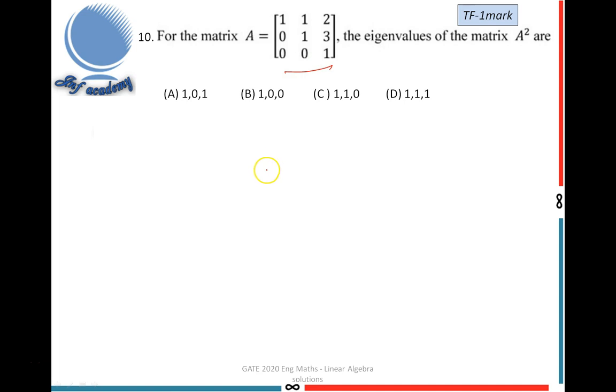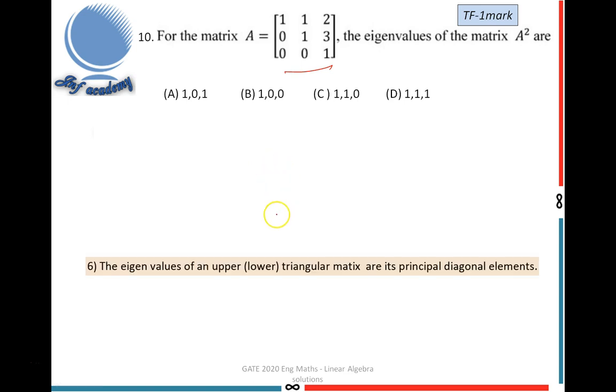One property says the eigenvalues of an upper triangular matrix are the principal diagonal elements only. It's shown in the slide. So the eigenvalues of A are 1, 1, 1 because the principal diagonal elements are 1, 1, 1.